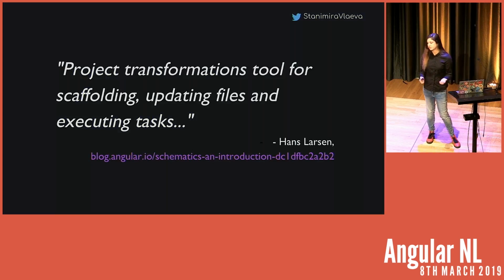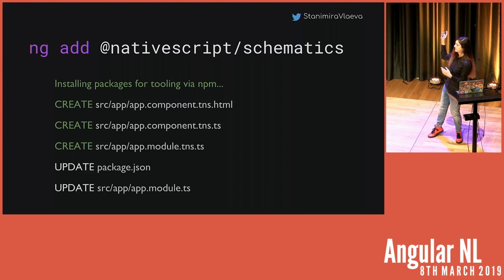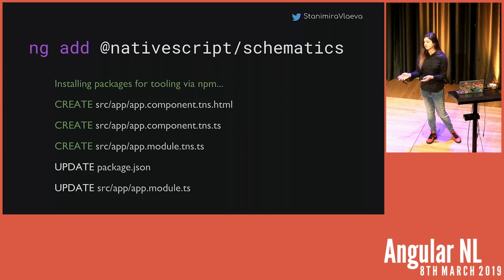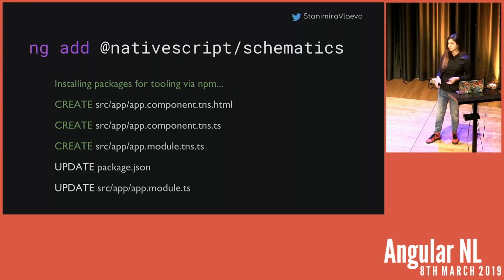And in short, Schematics is a JavaScript library, first of all, and it's a tool for scaffolding, updating files, and executing tasks. Let's see that again: ng-add whatever package. First, we have npm install. That is a task that is being executed. Then we have scaffolding. Some files are created.